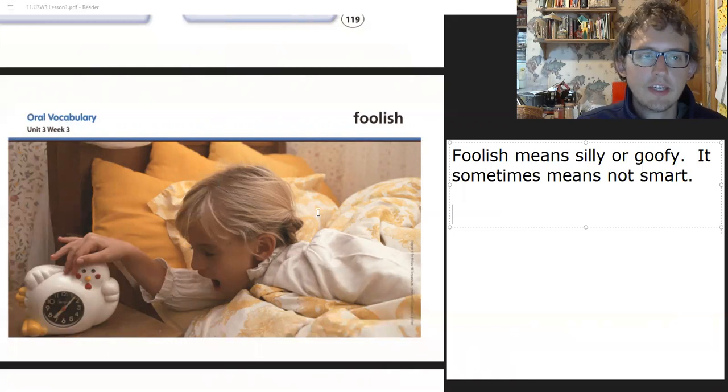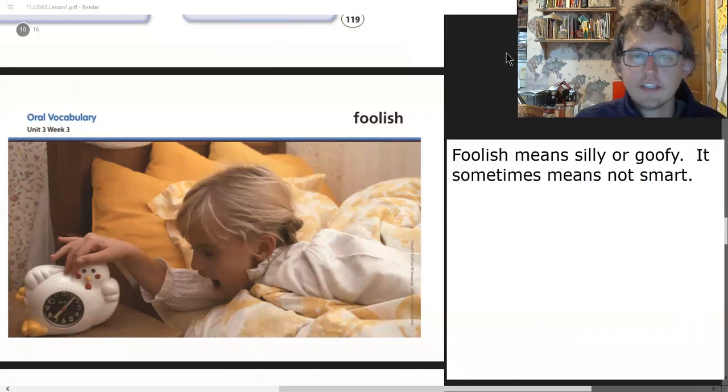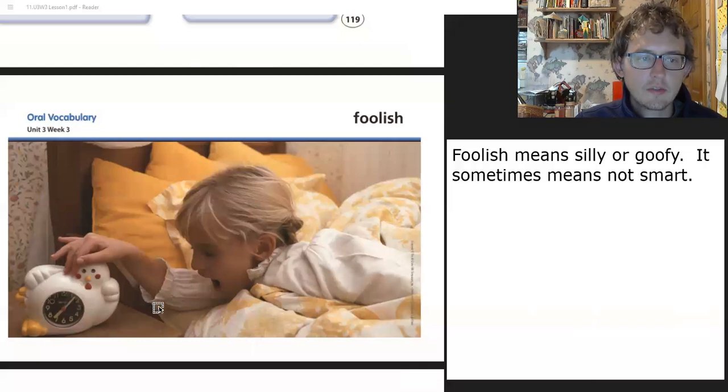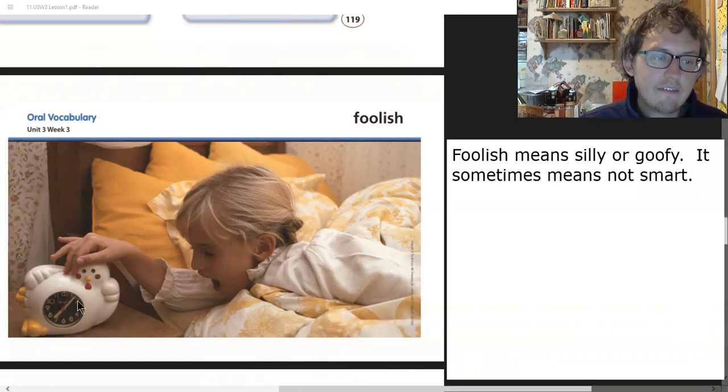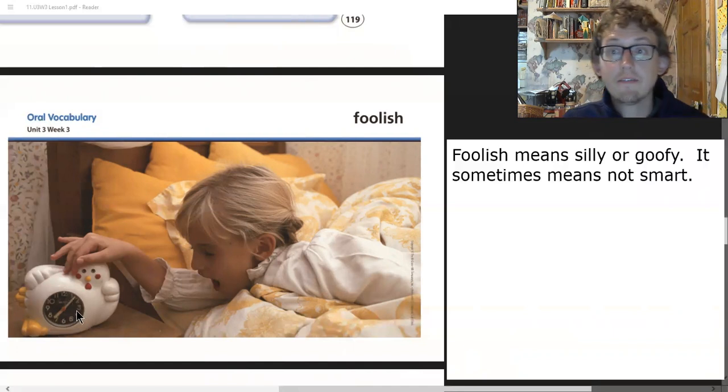So for example, we can see on this picture, there is a silly clock, right? It's a clock with just a chicken on it, right? But what we can see is that it's a picture of a little girl who looks like she's waking up, right? Because she's yawning, and it's already after 7 o'clock.